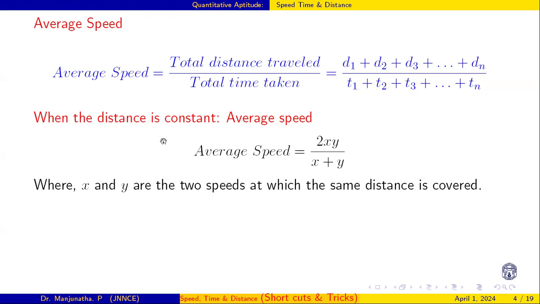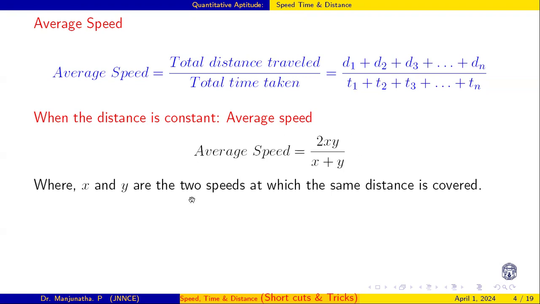For example, 100 kilometers is covered once at 60 kilometers per hour, and a second time at 50 kilometers per hour. What will be the average speed here? Here x and y are the two speeds at which the same distance is covered.